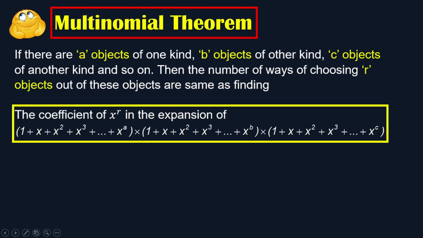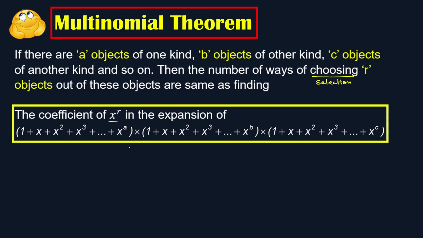The theorem states that if there are A objects of one kind, B objects of another kind and C objects of another kind and so on, then the number of ways of choosing, means we are talking about selection, R objects out of these objects is the same as finding the coefficient of x to the power r in the expansion of these three polynomials that I have written.